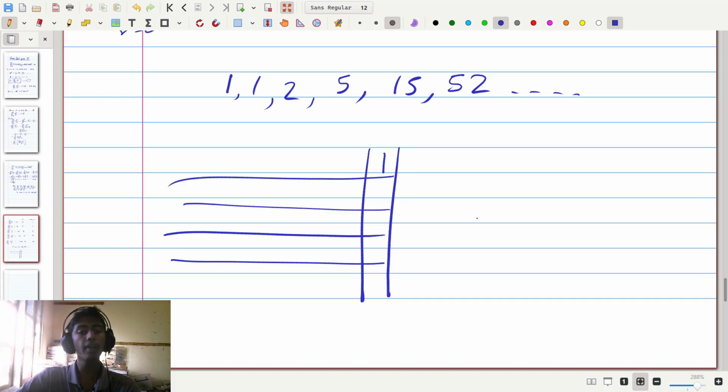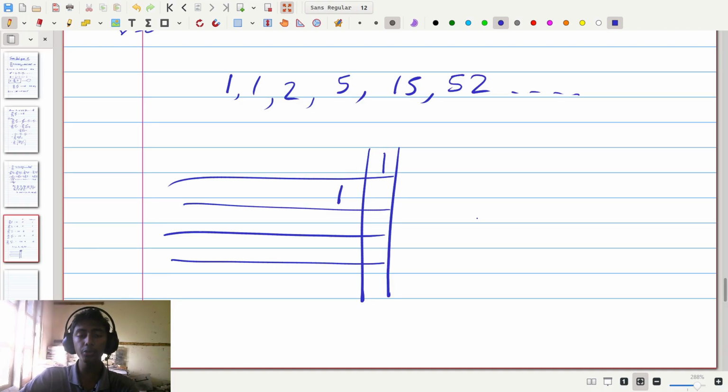When you have a number in this last column, you find the leftmost number in that row. You go one place to the left of that leftmost number, then go to the next row, and in that row you put the number that you have in the rightmost column of the previous row. In this case, that number is 1.